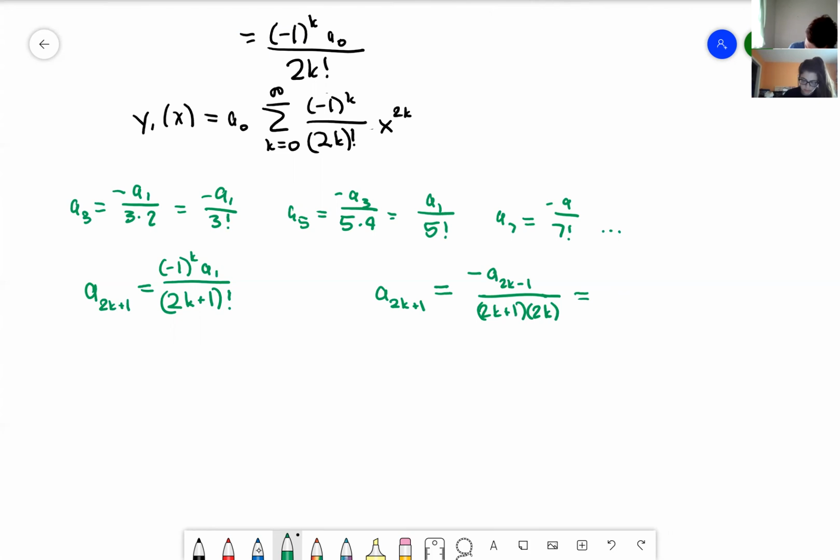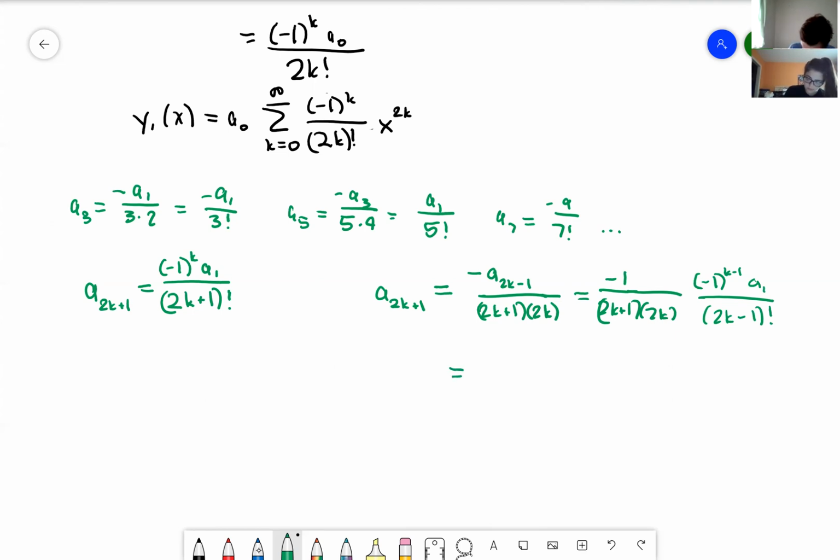And so what we get is negative 1 over 2k plus 1 times 2k times a to the 2k minus 1, which is minus 1 to the k minus 1, a1 over 2k minus 1 factorial.